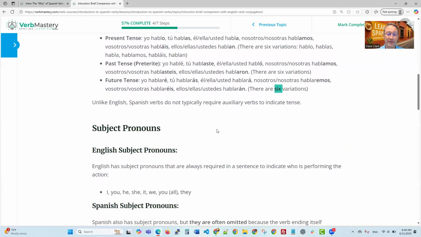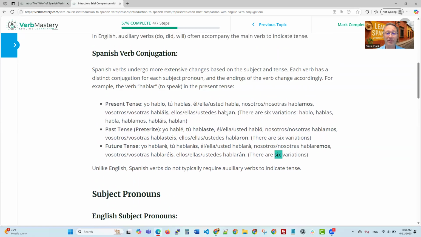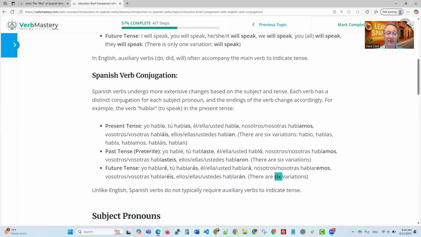So it's a little trickier, but we'll walk you through that. Unlike English, Spanish verbs do not typically require auxiliary verbs to indicate tense. Remember, the auxiliary verbs are do, did, and will, right?